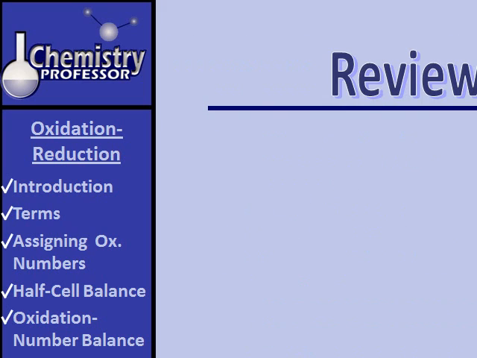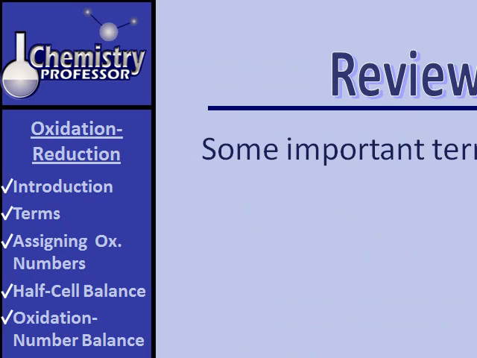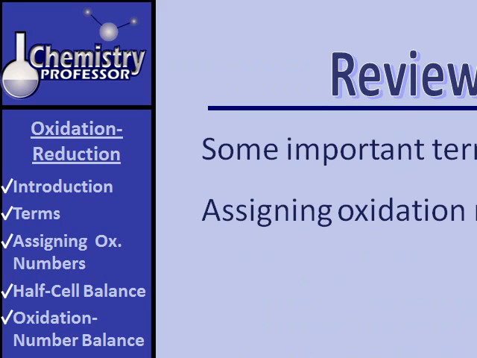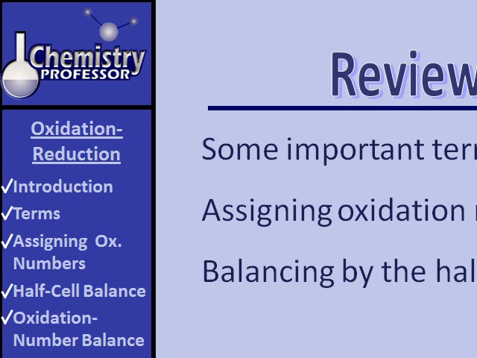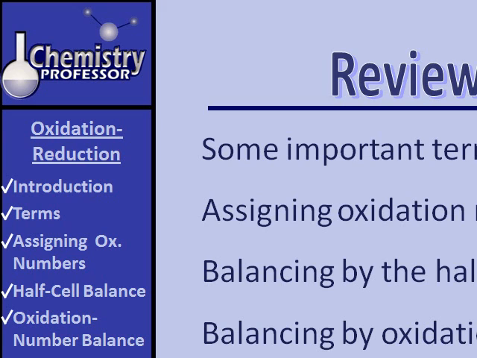This is not the end of the topic on oxidation reduction, but we will cover more relative to this in the next course. In this unit, we talked about some important terms. We assigned oxidation numbers. Remember how to do that, and you need to know your basic oxidation numbers. We balanced oxidation reduction reactions by the half-cell method and by the oxidation number method.